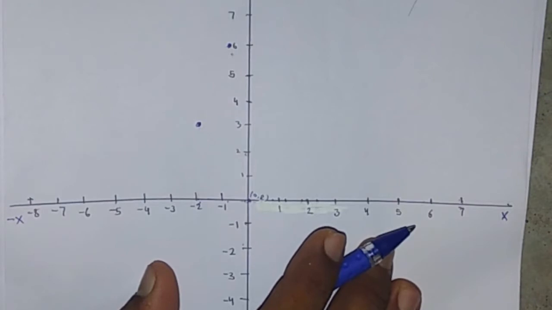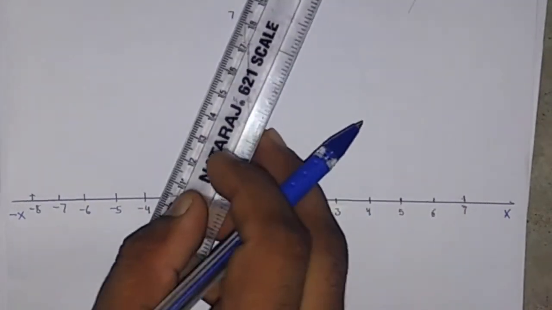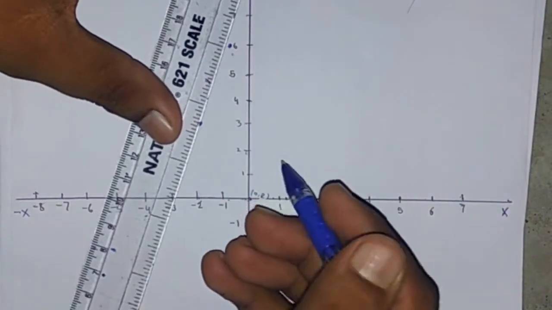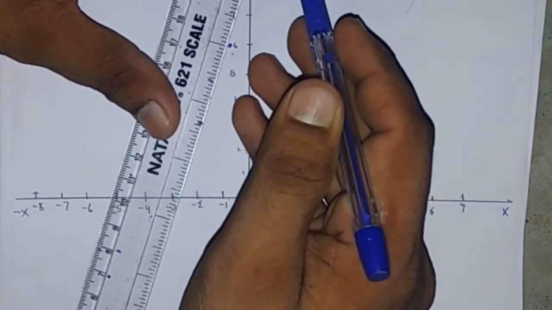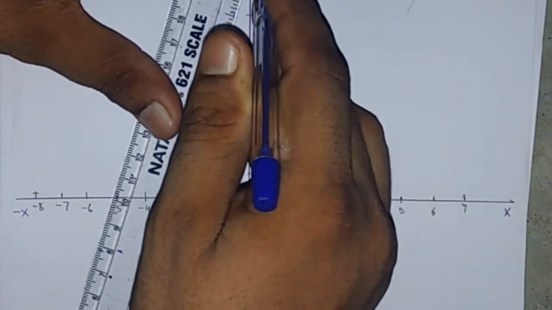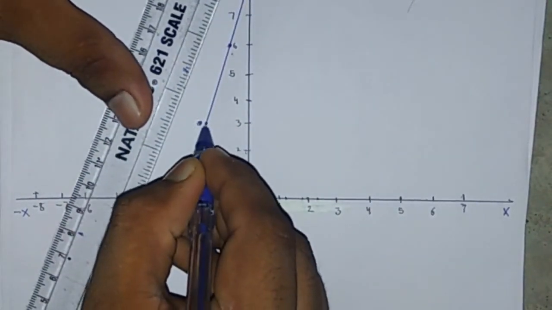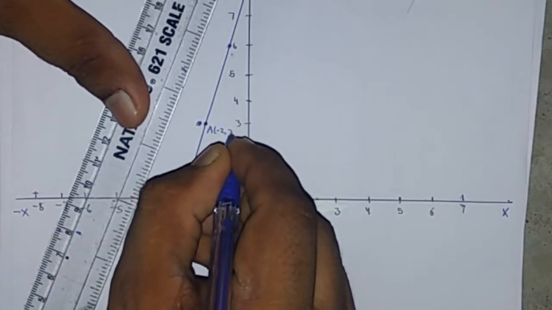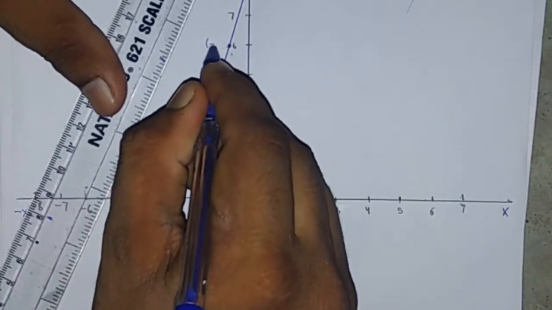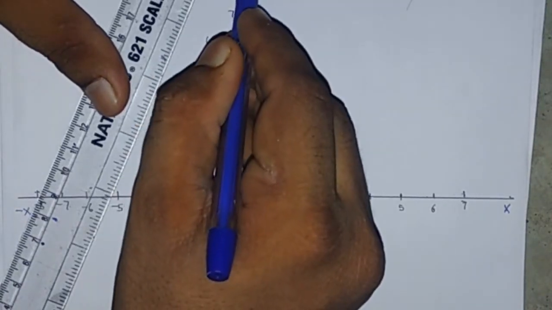Then we obtain the equation of the line, which passes through A minus 2 comma 3, B minus 1 comma 6 and C 0 comma 9. It passes through these points.